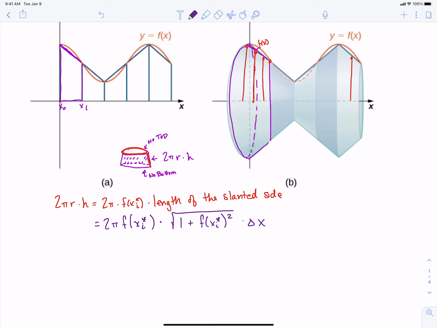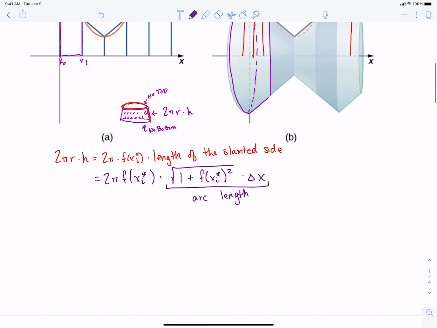So that is our arc length, because that is going to give us that side that we need. So it really is just the arc length of our curve times 2 pi times our radius, how high up that function goes. And of course, this would just be for one slice that we have.